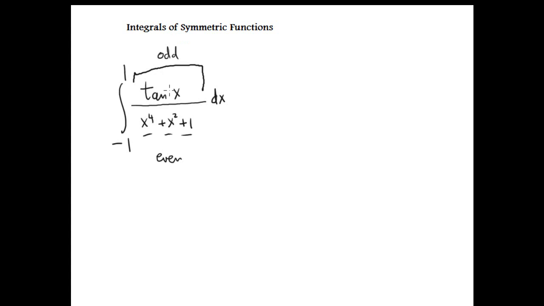Tangent of x is a typical odd function, and the combination of odd and even is odd. So the whole function, including tangent and the polynomial, is an odd function. Therefore, the integrand function is odd. Evaluating the limits, the answer is 0, using the property of the symmetry of the odd function integral.